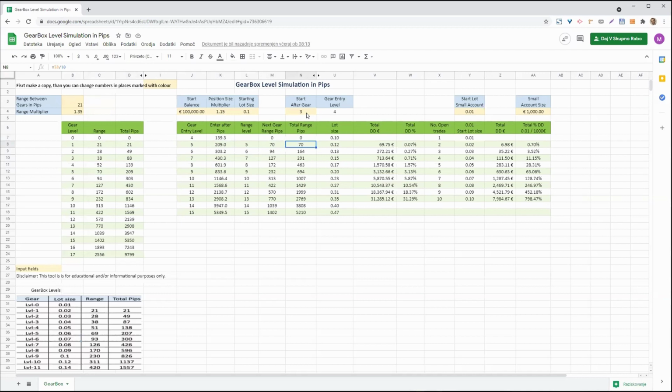In this case, we look at what the exposure is if we start with a lot size of, for example, 0.01. This here is for a smaller account. So we start with 0.01 lot size, and if we have $1,000 on the account, I must say this is just for one pair, not for three.